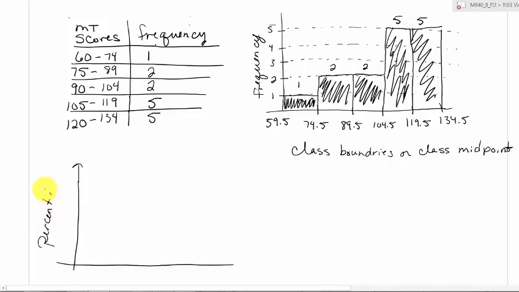So we would want percent over here, and our largest percentage was 33.5 or 33.33. So I'm just going to go up by tens here. So 10%, 20%, 30%.